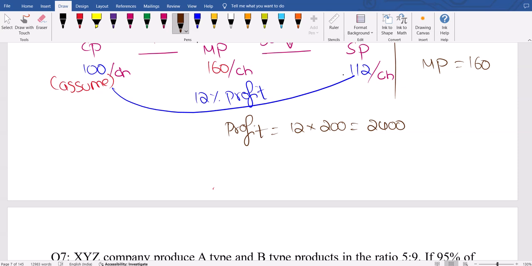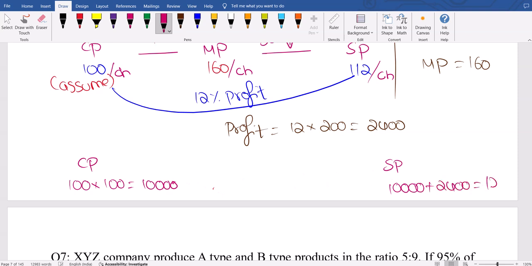For one piece it is 12 rupees, but you have 200 chocolates, so 2400 should be the profit you need. Now the overall cost price, 100 into 100, we got 10,000. Selling price must be, with 12% profit, 10,000 plus 2,400, so 12,400 is required.